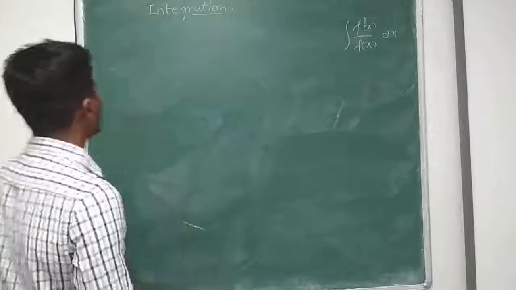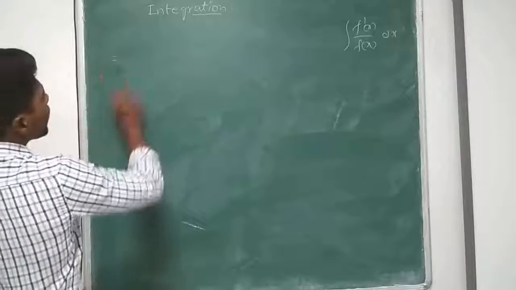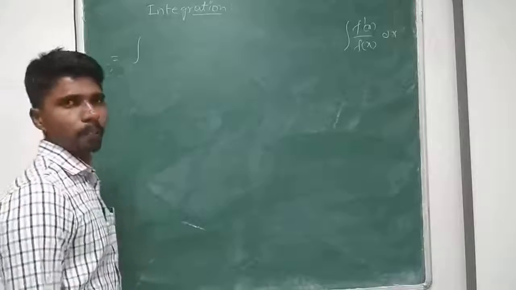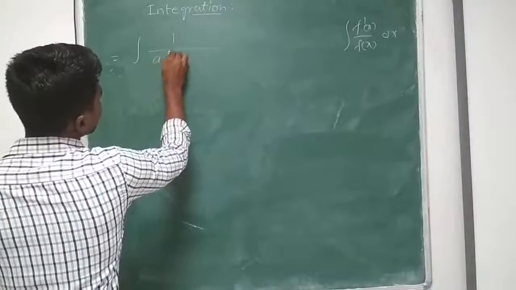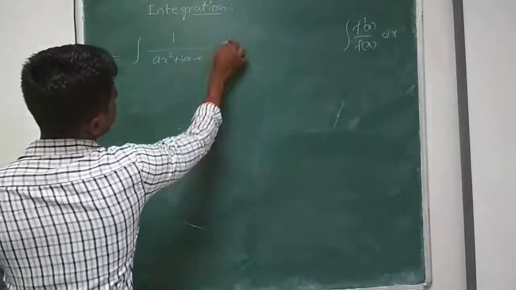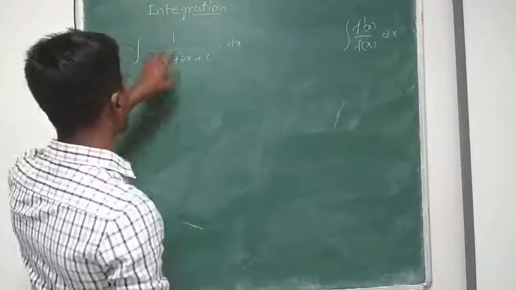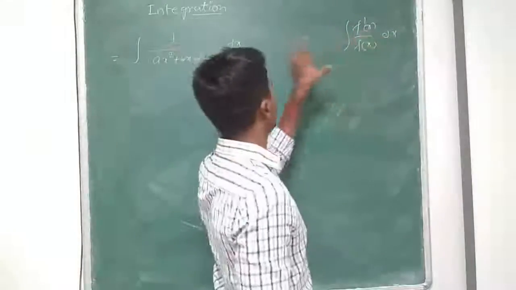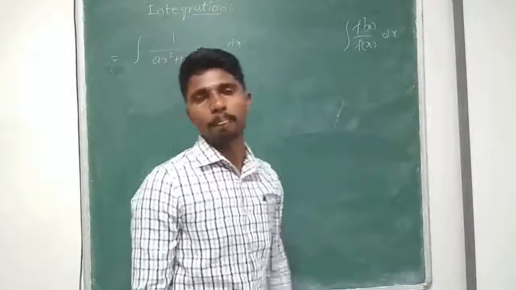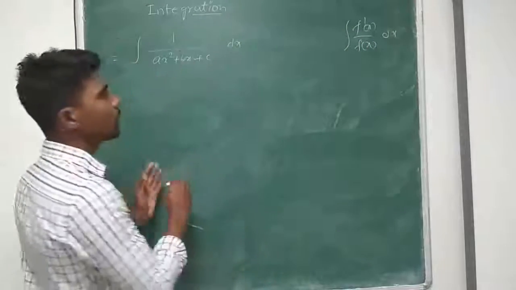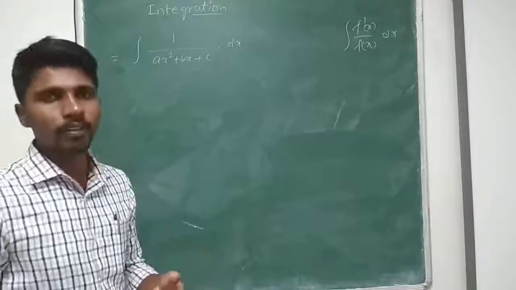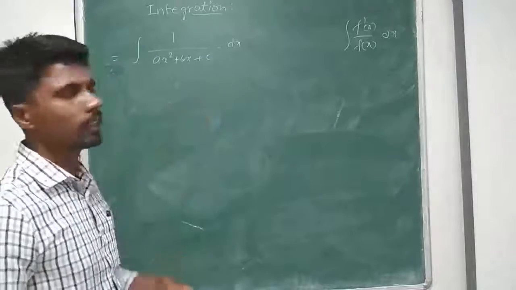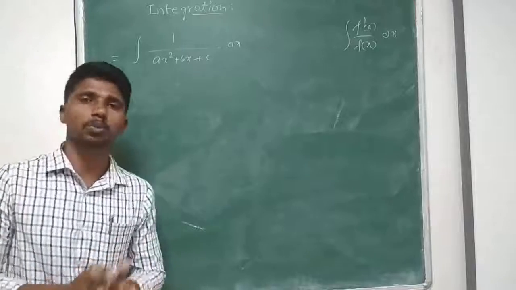If the problem is like integral of 1 by ax square plus bx plus c dx, to evaluate this one we don't need to convert in f dash of x by f of x form, because this can be converted in the form either x square plus a square or x square minus a square. Somehow in that form we can convert with the help of the completing square method.